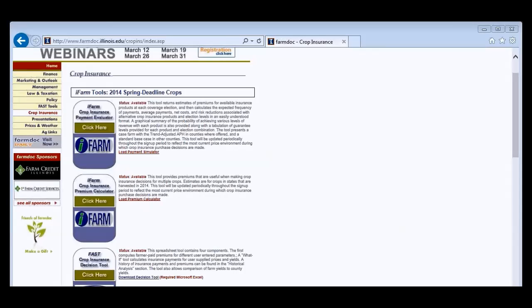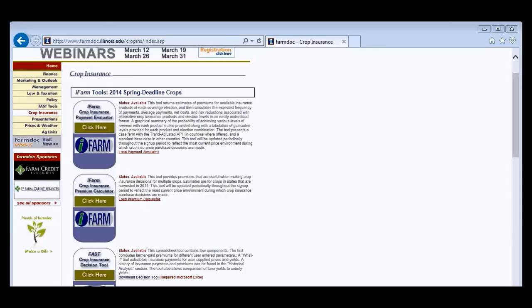Comments on the trend adjustment option. Most farmers will find the trend adjustment option advantageous. You will either be able to have the same coverage level at a lower cost or a higher coverage level. And by most farmers, I mean 99.5%.